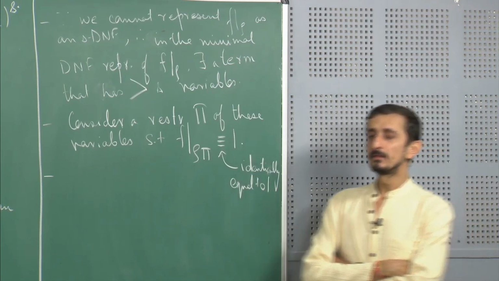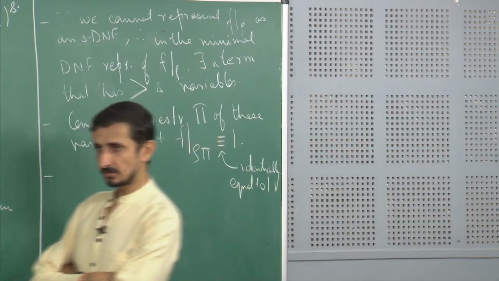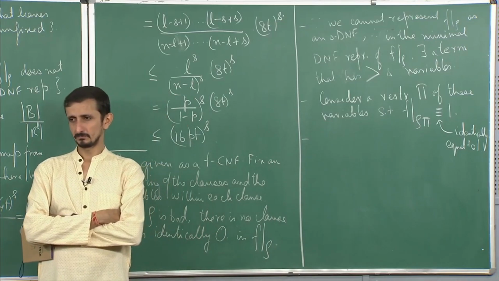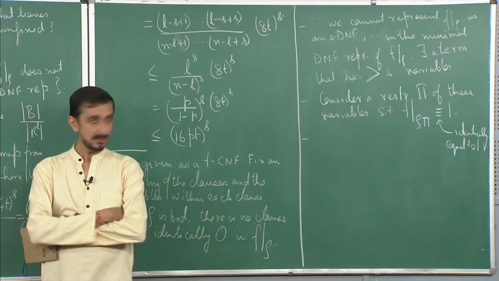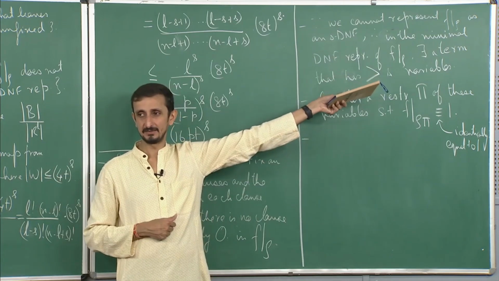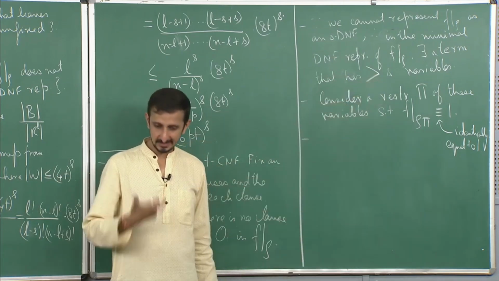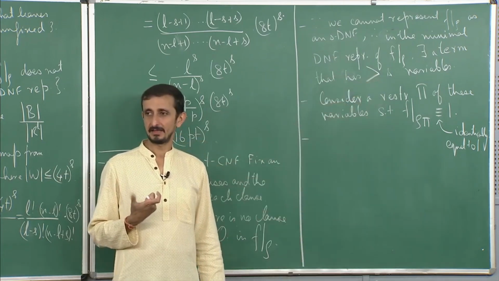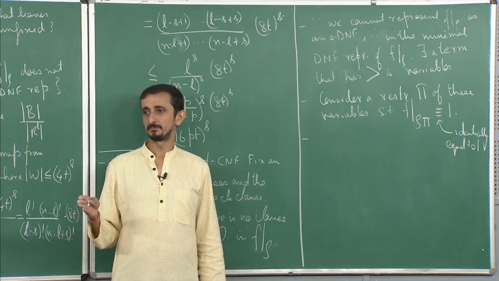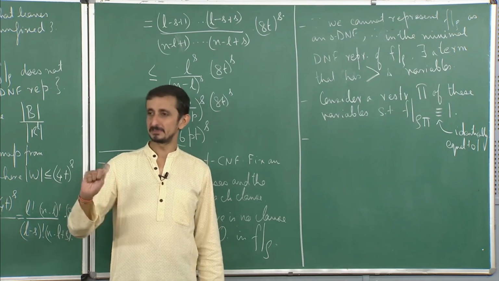What makes the function 1? We have selected pi in such a way. That is exactly how we selected pi, because we take a term in the DNF and fix all the variables in that term to 1 or 0, depending on the variable.